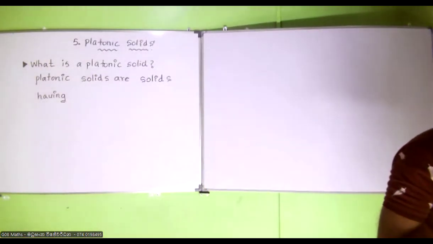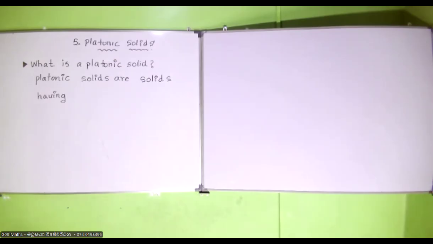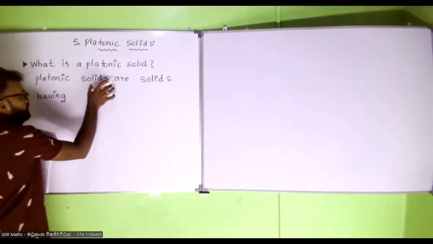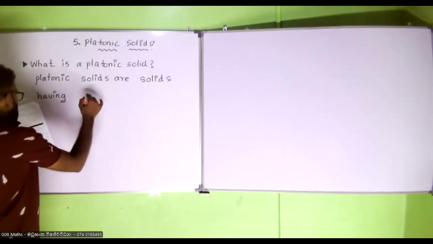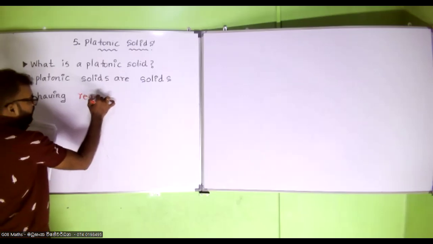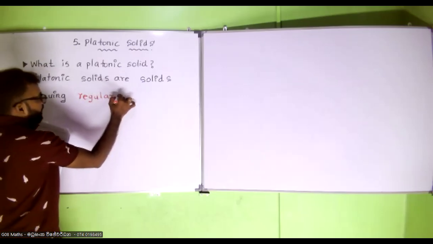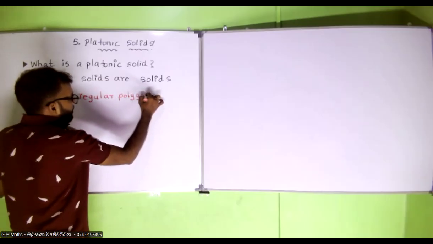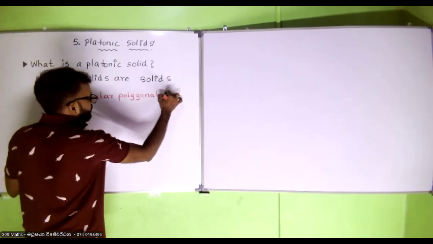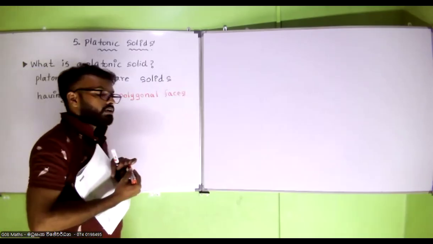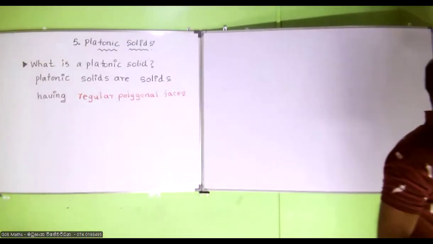Wait, I will change the color. Regular is a very important word you need to remember. Platonic solids are solids having regular polygonal faces. So regular polygonal faces means identical faces.